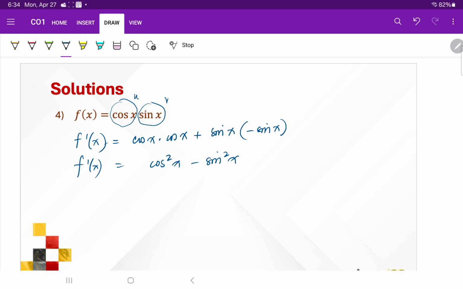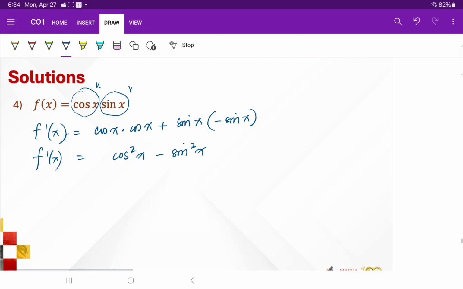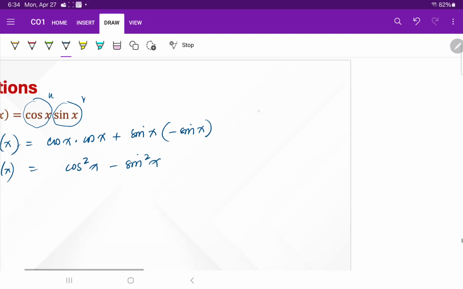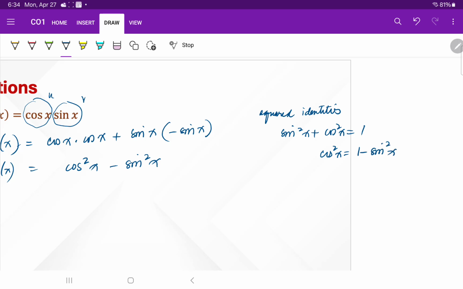Now, as I mentioned, dapat you only have one function. Here, it's either only sine or cosine only. But from our squared identities, we say that sine square x plus cosine square x equals 1. So if we change into all cosine, we solve for cosine square x, which is 1 minus sine square x.